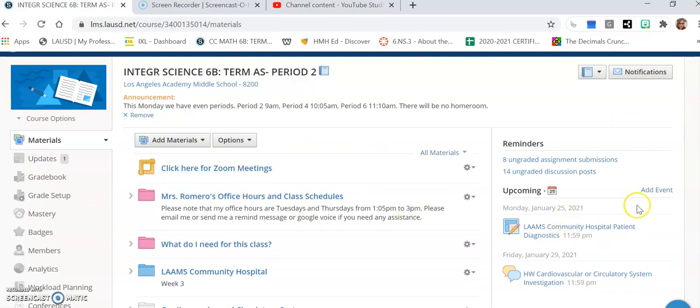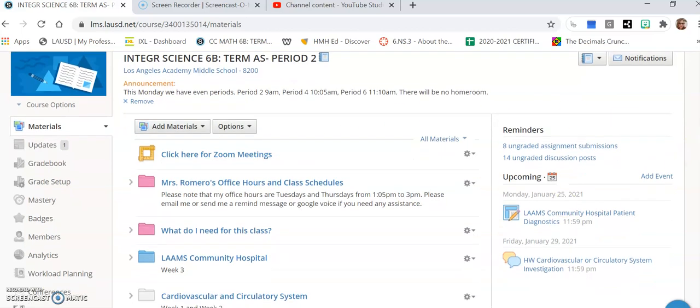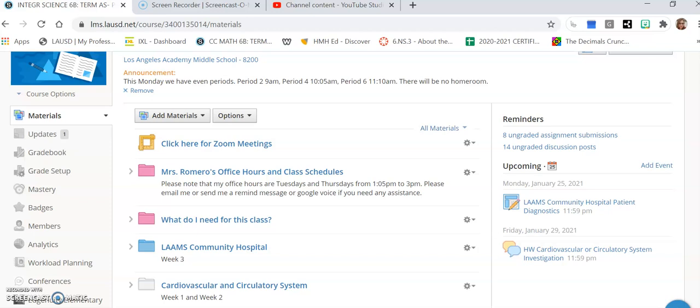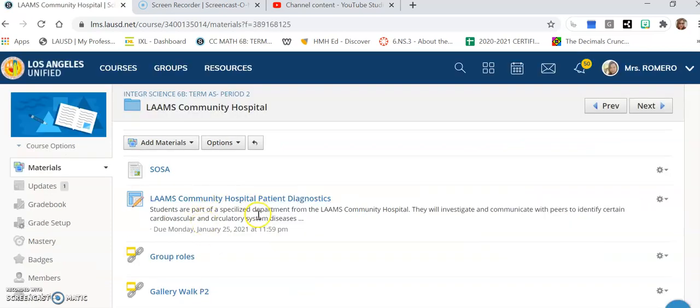So, for this week, as you could see in your folders, period 2 and 4, your folder for the cardiovascular and circulatory system is now white because we are now moving on into week 3, which is Lamb's Community Hospital. Now, there's going to be a big focus on analyzing data and interpreting data.